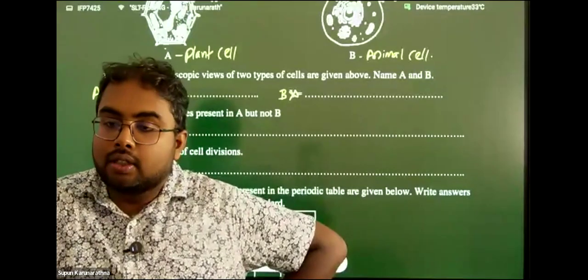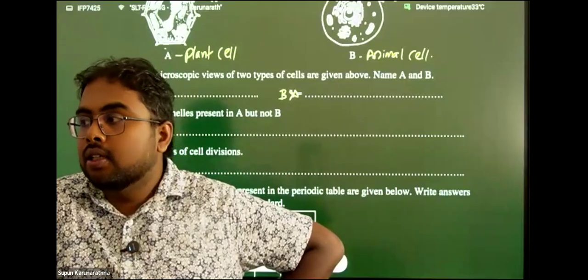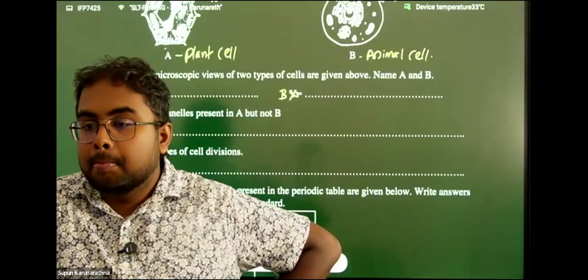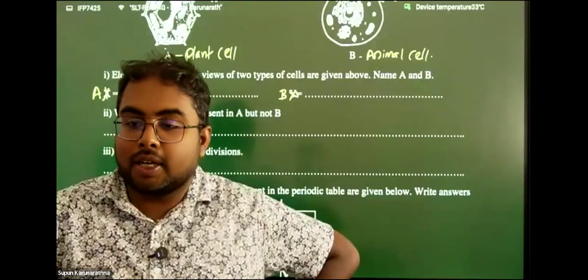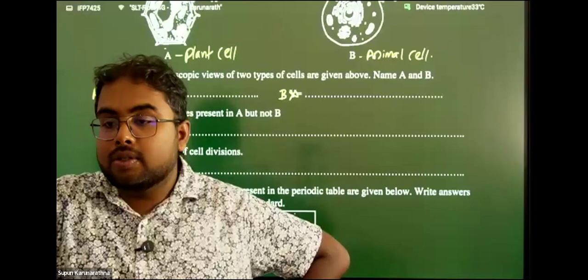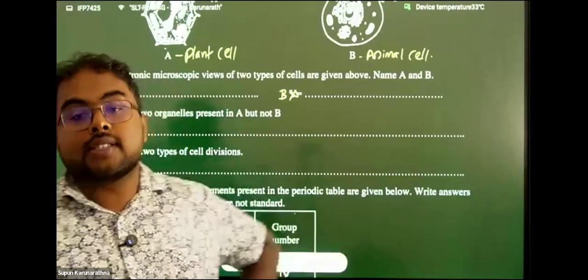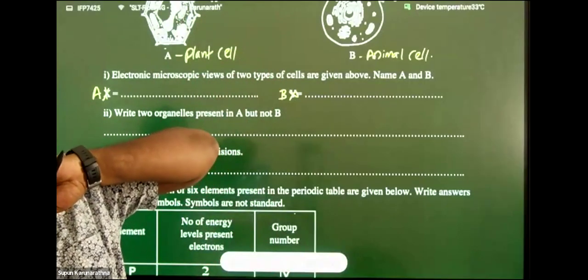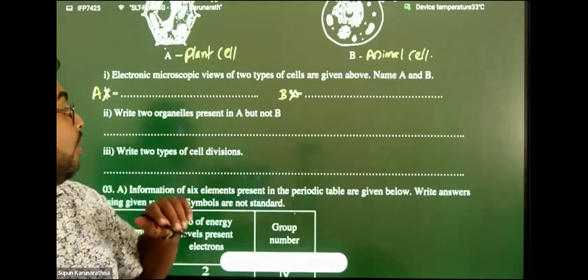Please put it in the chat box. Vacuoles is an answer. You can see that here it has a cell wall, and here it does not have a cell wall. Got the idea?